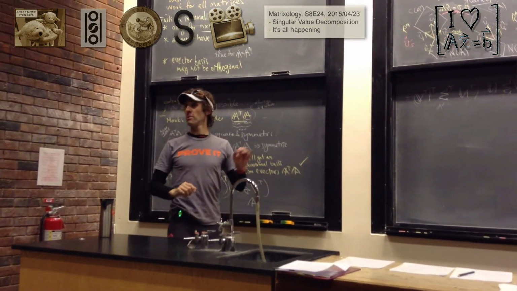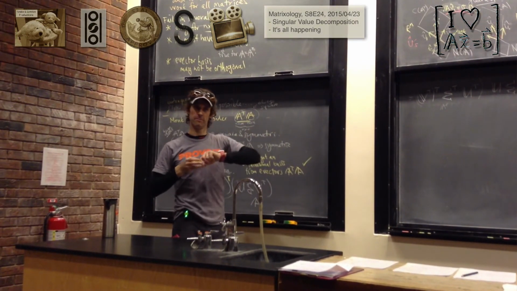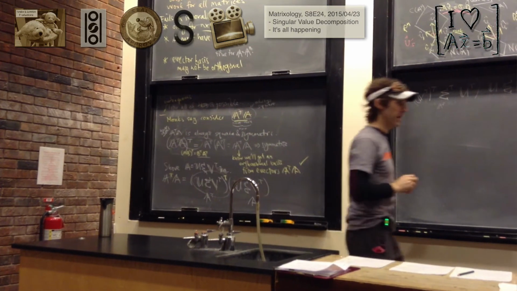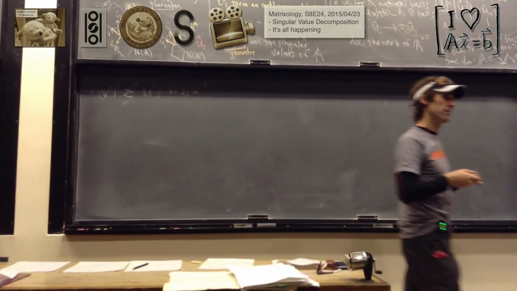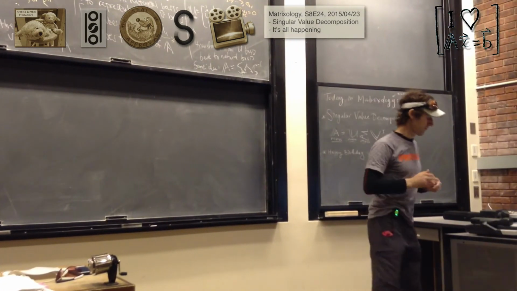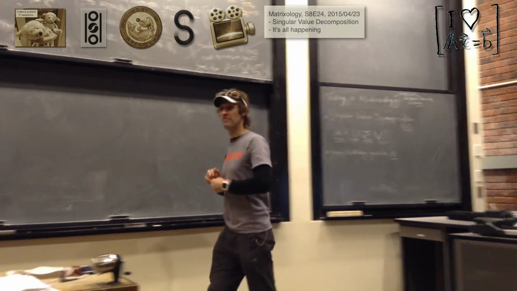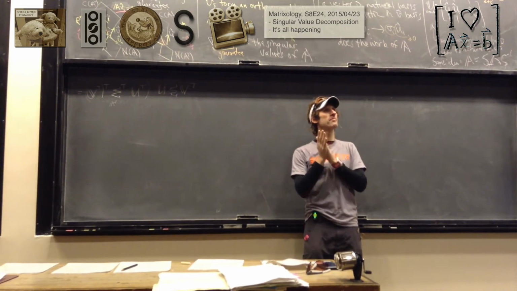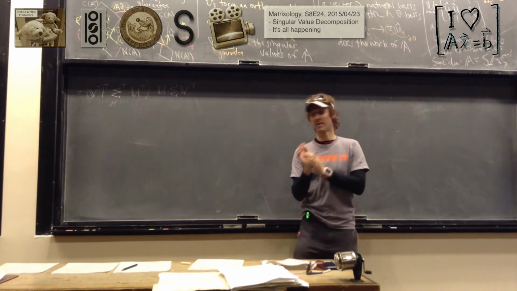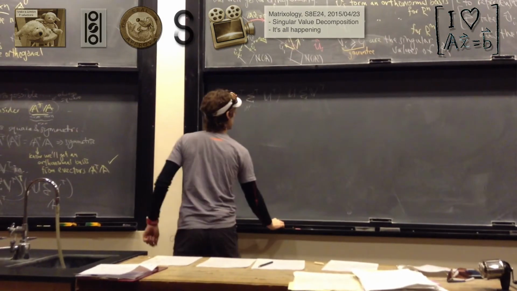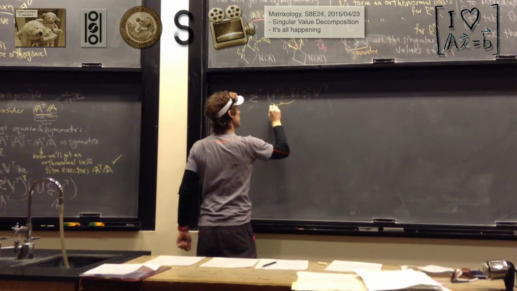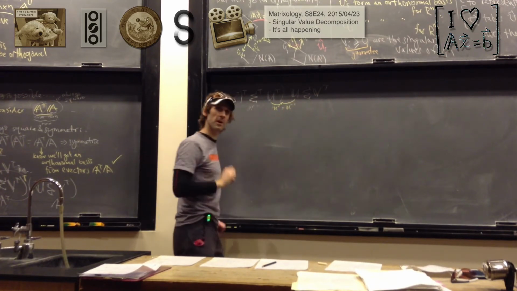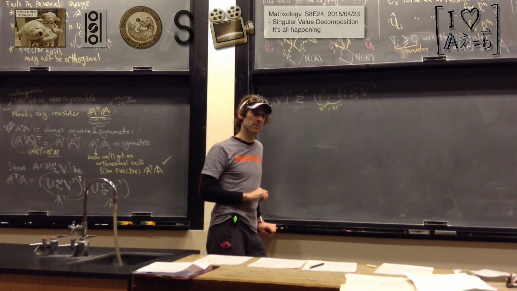We see a joyous thing. What do we see? What's good in here? We're requiring something about U. OK, right, so let's get them. So this one here, U transpose equals the inverse of U. That's because we want these things to be orthonormal, right?